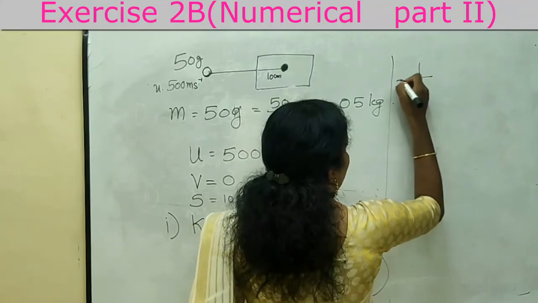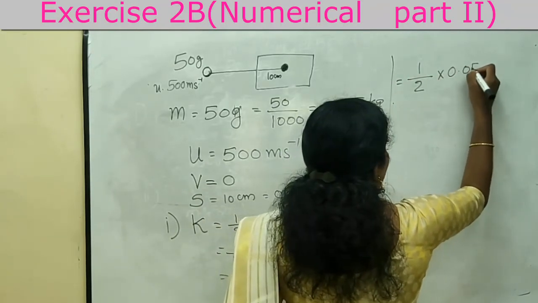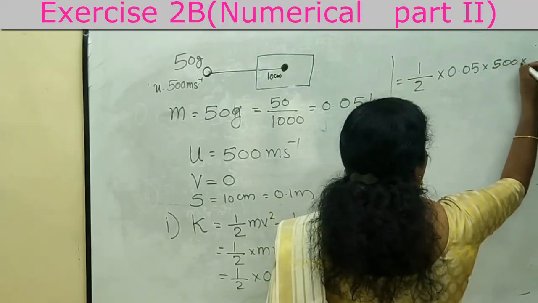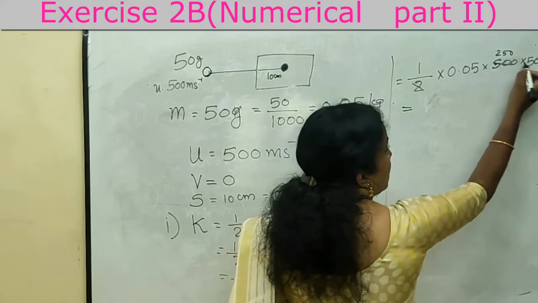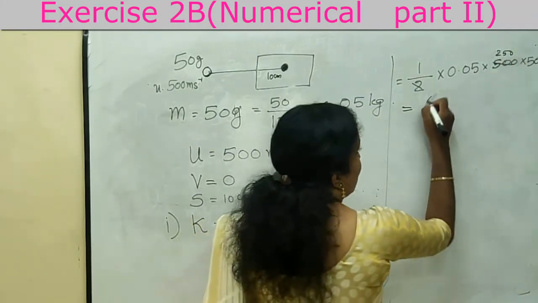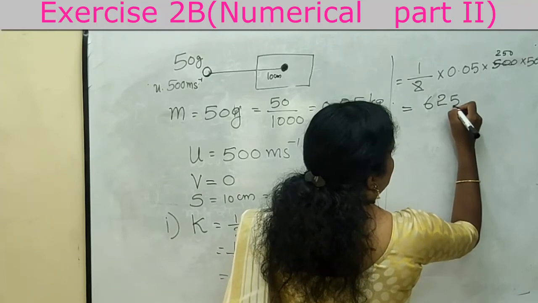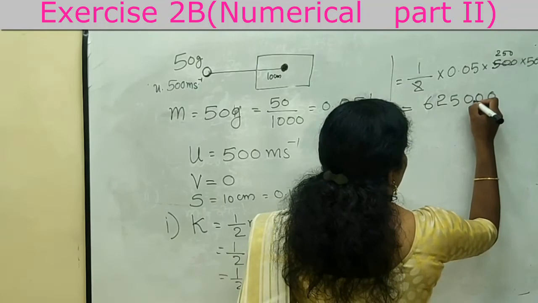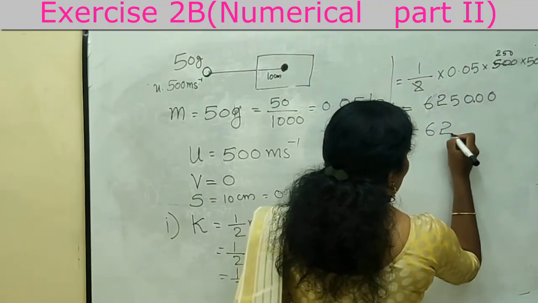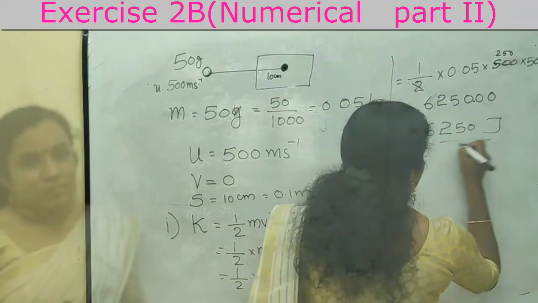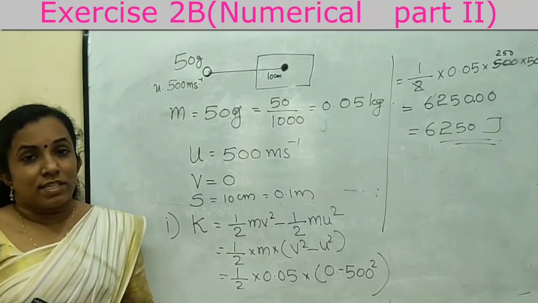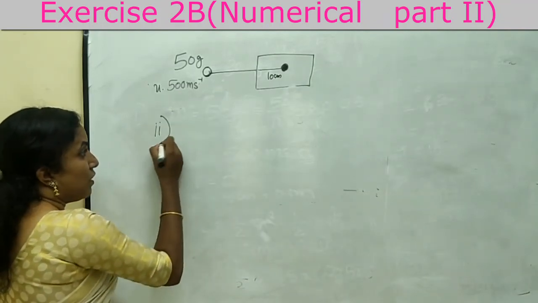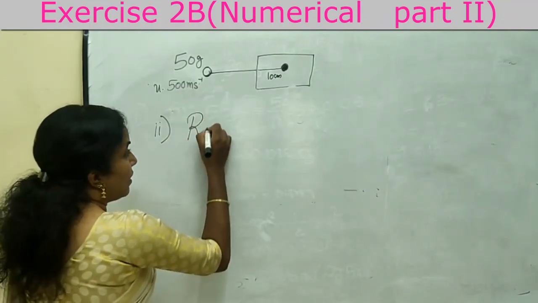So 1 by 2 into 0.05 into 500 square, which is 500 into 500. 5 5s are 25. 25 into 25 is 625. So it is 6250 joule. Here the kinetic energy is 6250 joule.